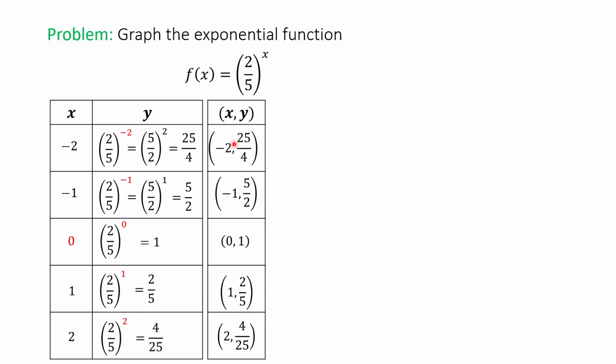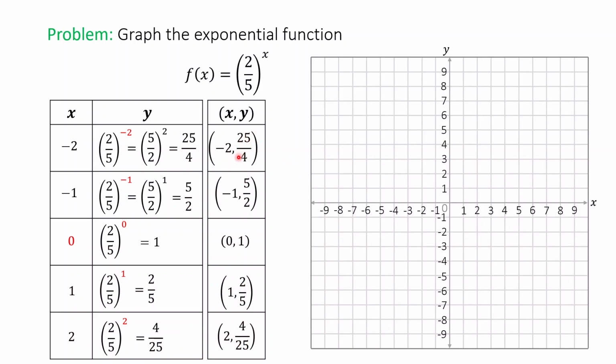Now you need to draw the graph of these points. 25 divided by 4 is close to 6.3. 5 divided by 2 is 2.5. 2 divided by 5 is 0.4. 4 divided by 25 is 0.2.